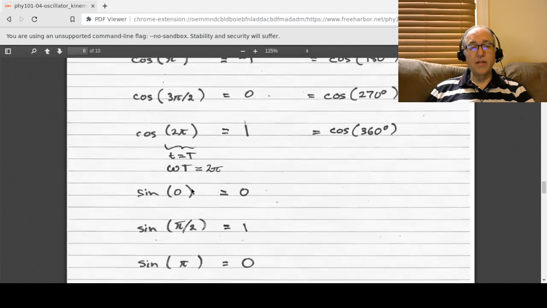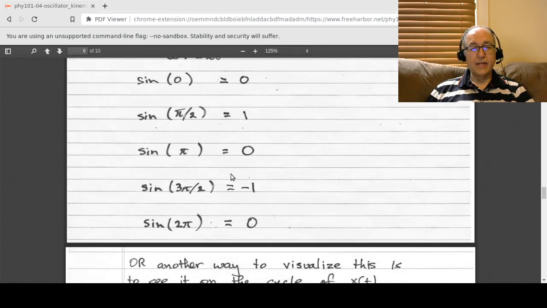Well, we've done the sine, the cosine. Let's do the sine next. Okay, so we're still in this aside here. Now if you do sine of 0, sine of 0 is 0. Okay, a quarter of the cycle later, sine of pi by 2 is 1. Sine of pi is 0. Sine of 3 pi by 2 is -1. And then when you're back to sine of 2 pi, you're back to sine of 0, which is 0.